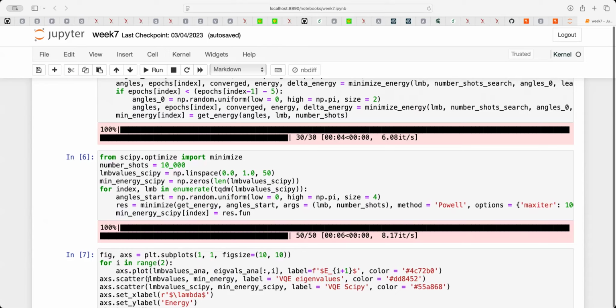And in that specific case, what you would need to set up is the method. In this particular case, we use the Powell method. You can use Broyden's method. You can use Broyden, Fletcher, Goldfarb, Shanno, which is a very popular way, a so-called quasi-Newton method, where you don't need to evaluate the second derivative of the energy.